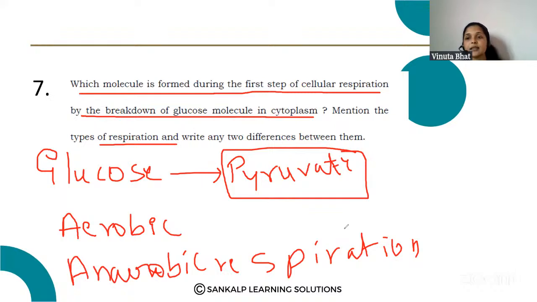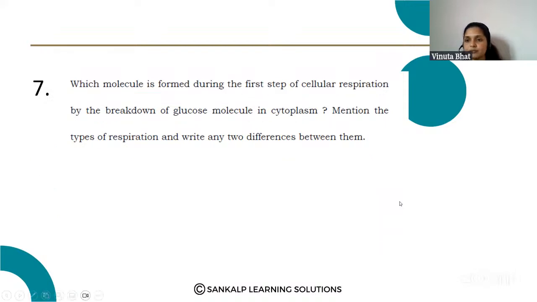In anaerobic respiration, ethanol is released as well as carbon dioxide and energy. In the case of muscle cells, it releases lactic acid. So that is the difference. Already we know the difference, so I just orally explained that. I hope this question is clear. Please note down the question.